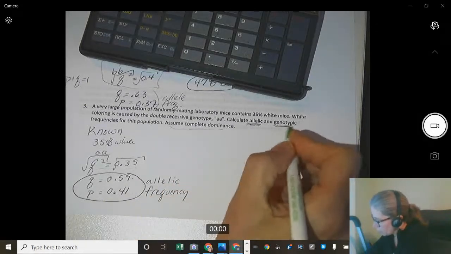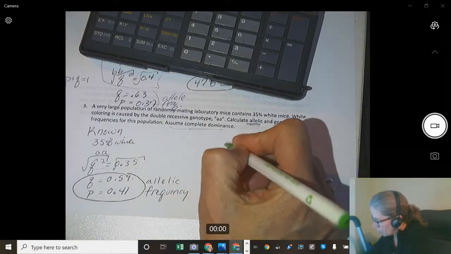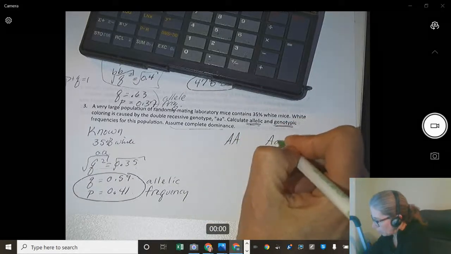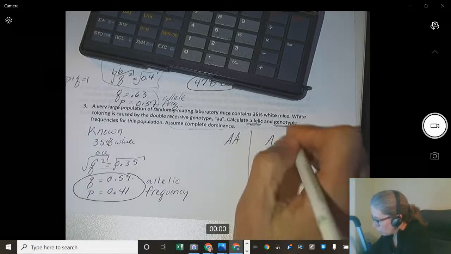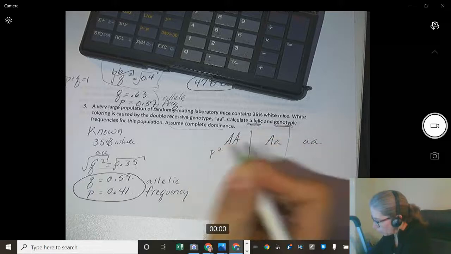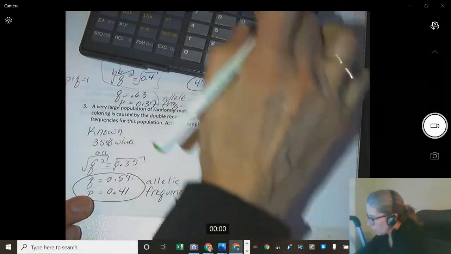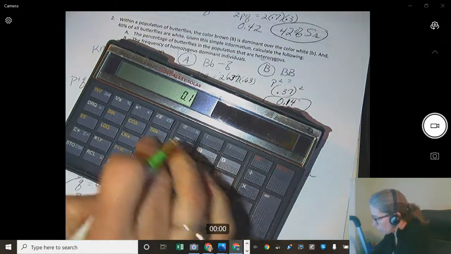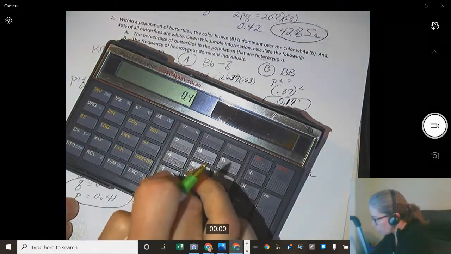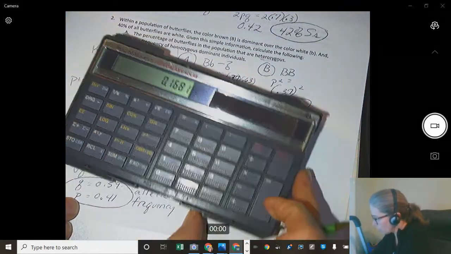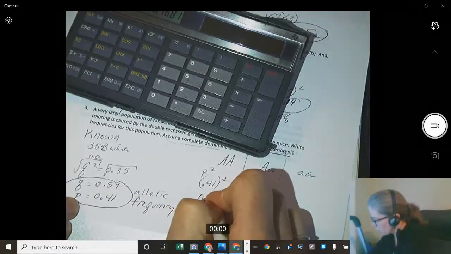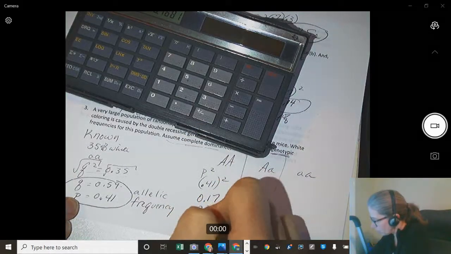Then it wants the genotypic frequencies, which means I need big A, big A, big A, little a, and little a, little a. So big A, big A is going to be P squared, which is 0.41 squared. 0.41 squared is 0.17, or 17%.